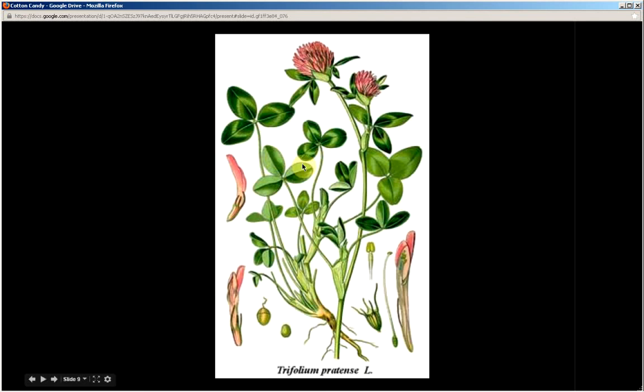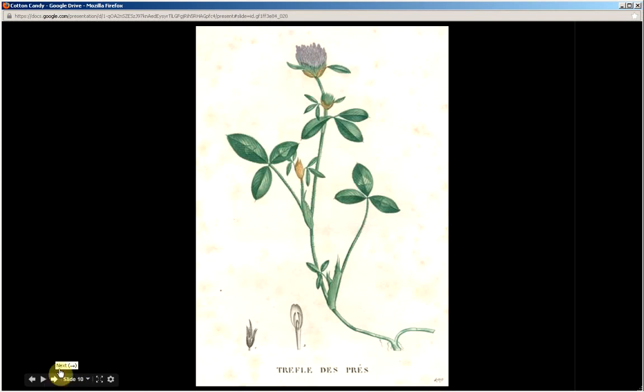You will sometimes find them being pubescent just on the bottom surface. The leaflets are slightly toothed.